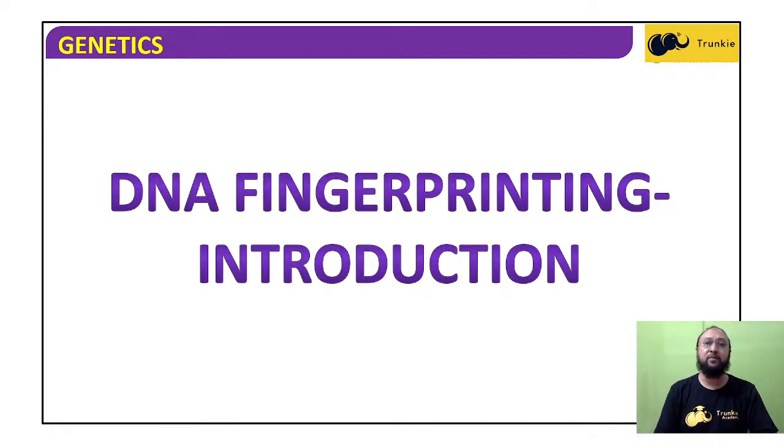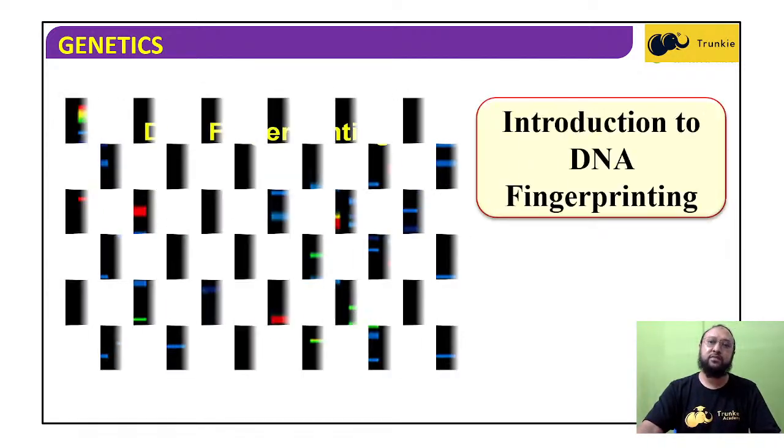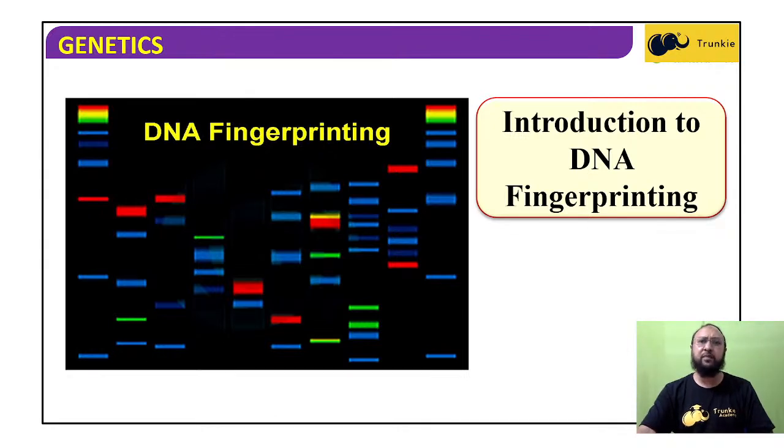So DNA fingerprinting helps to find out the murderer, or to confirm the paternity of some child. This DNA fingerprinting is also a very helpful tool. We'll see DNA fingerprinting in detail a little later, but just a brief idea.